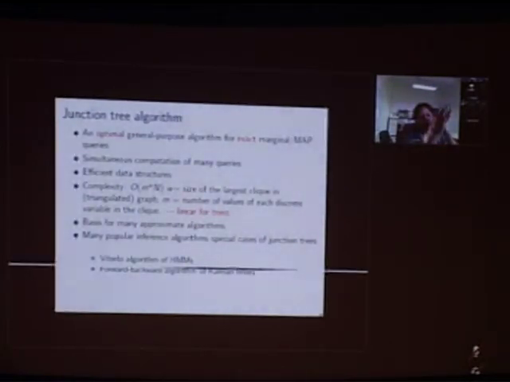It is optimal in the sense that you cannot do any better than it, but for general purpose graphs. If you have some special graph structure, then you might be able to exploit that to design some specialized, more efficient computations. But in general, the junction tree algorithm for arbitrary potentials is optimal.